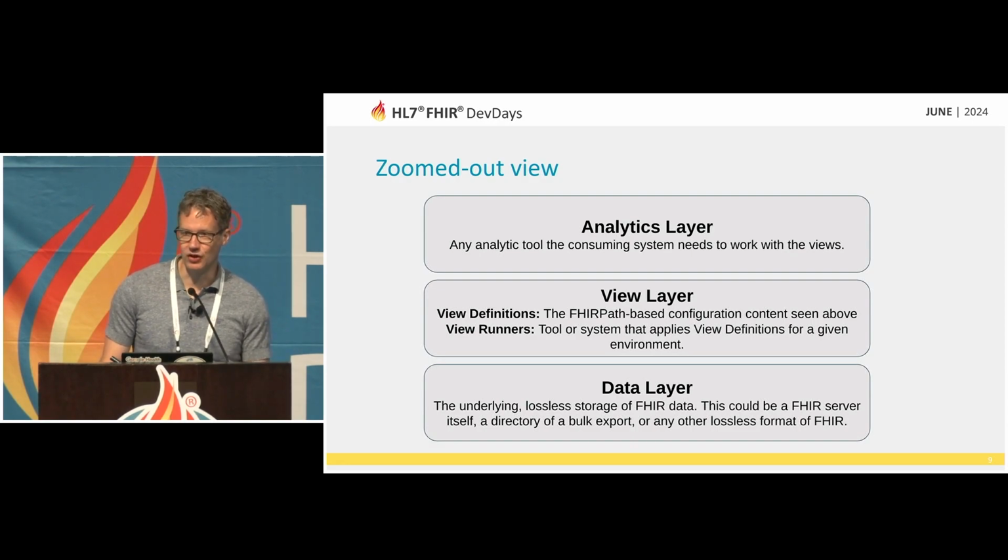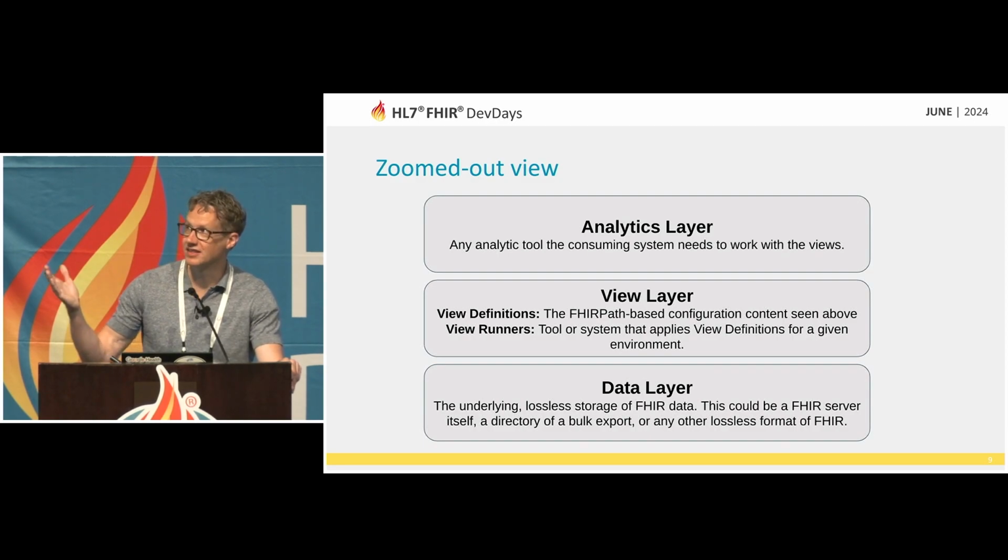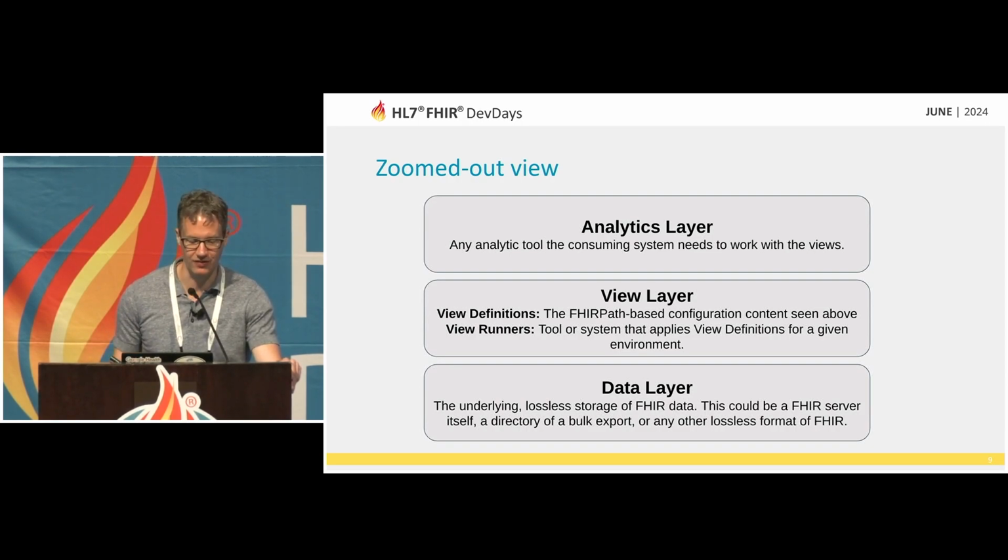In the middle there is the view layer, and this is really the heart. This is almost the whole specification, the view layer itself. We sandwich it in these other layers to provide context. And the view layer has two pieces. One is the view definitions that we've already seen, this FHIR path-based configuration setup. And then view runners, which is just a tool or a system or a technology stack that translates view definitions into these flat tables.